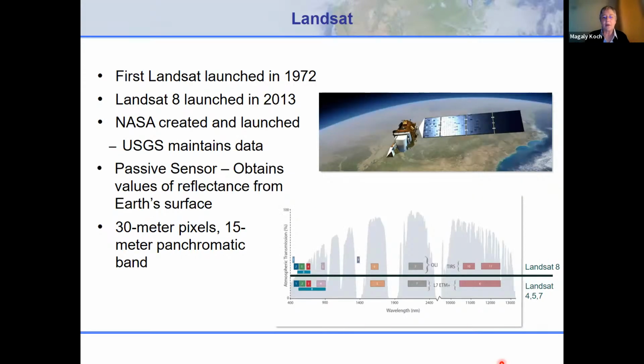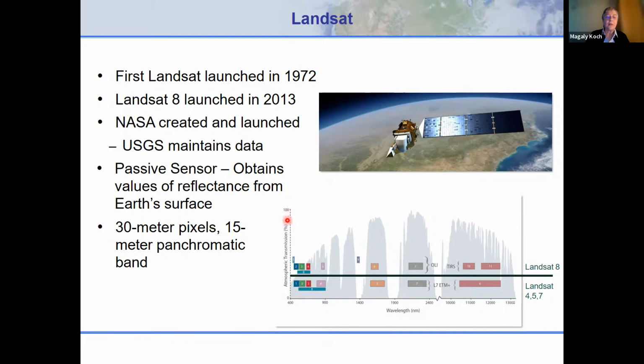So since we're talking about spectral regions, here's a graph that basically illustrates that the solar radiation, the sun, provides radiation in different wavelengths. And we humans can only see visible light, which would be this part of the spectral region. So these are wavelengths here.